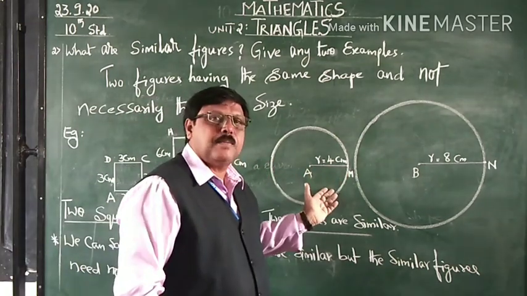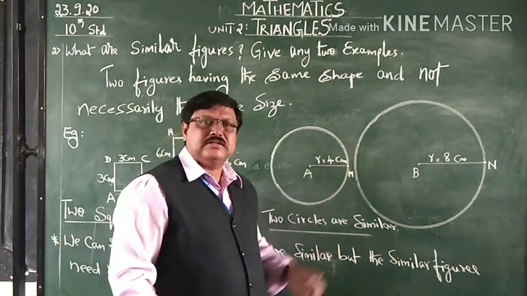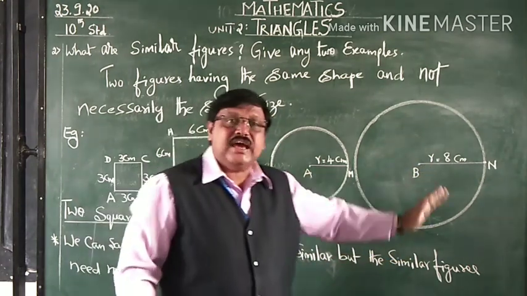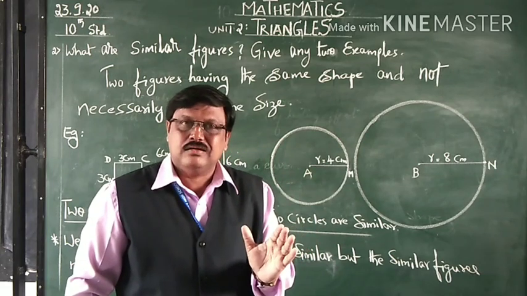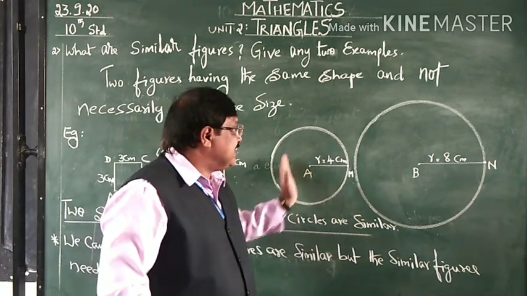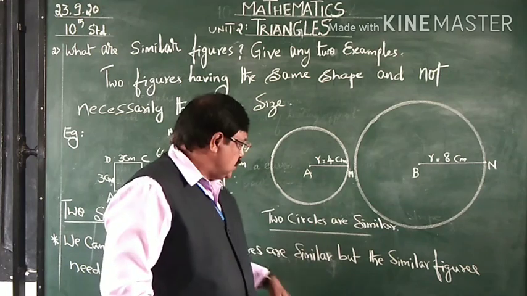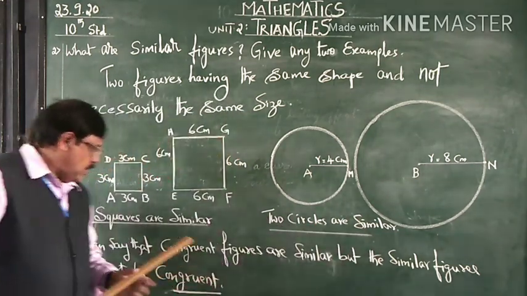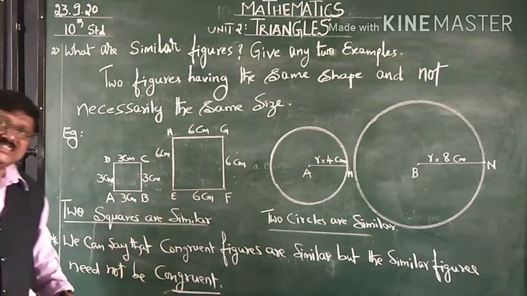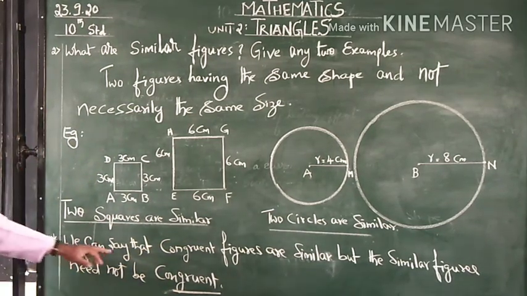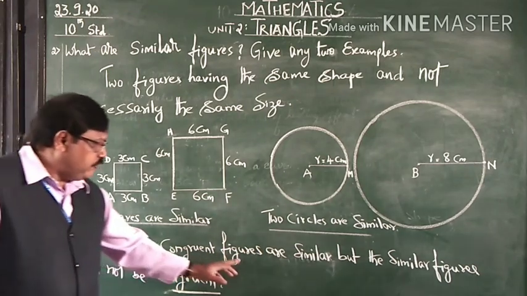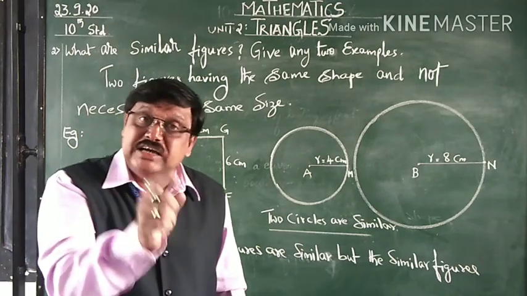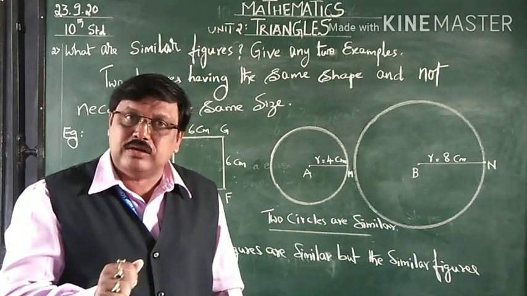See, circles. Radius 4 centimeter. Radius 8 centimeter. Radii are different lengths they have. But the shape is the same. Two circles are similar. You see this one statement. We can say that congruent figures are similar because in congruent figures corresponding angles are equal.